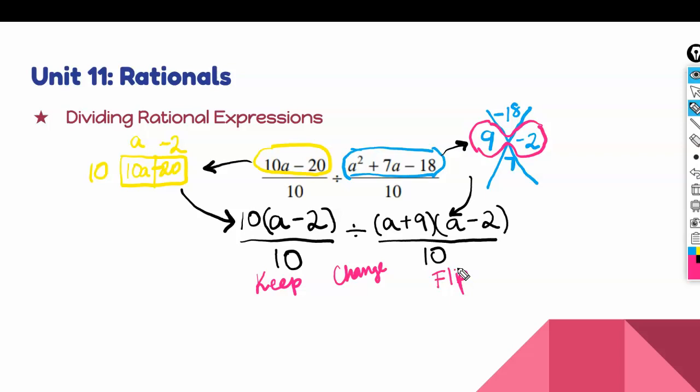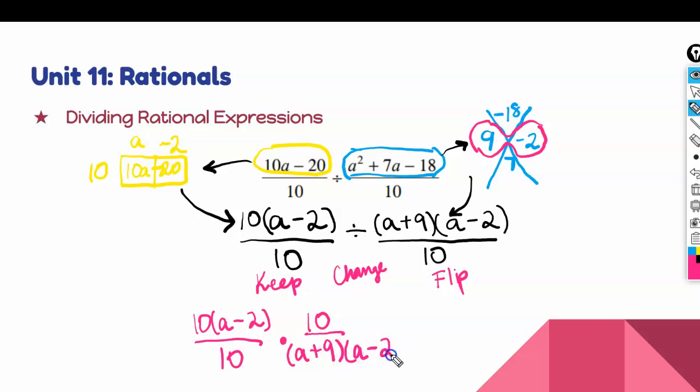So what is that going to look like? I've got 10(a minus 2) over 10, times 10 over (a plus 9)(a minus 2).